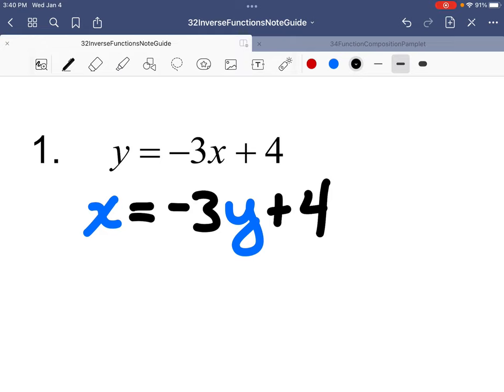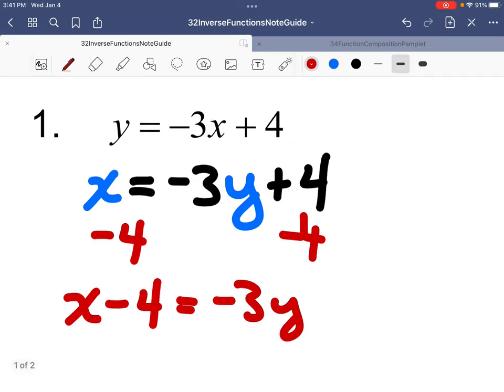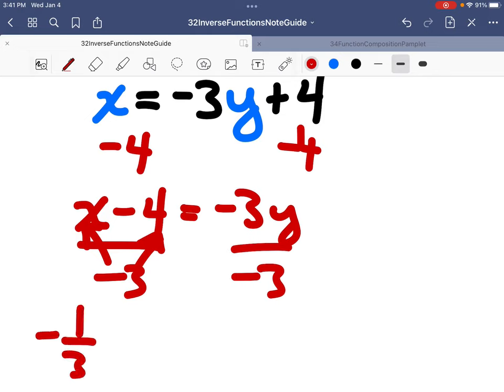Well, that's because it's not y equals, but I can make it y equals if I just start solving it for y. So we'll do a little subtract 4 from both sides, and we'll do a little divide by -3 to both sides. Now when I divide by -3, I can divide both of these by -3.